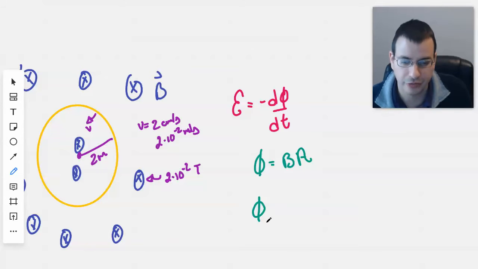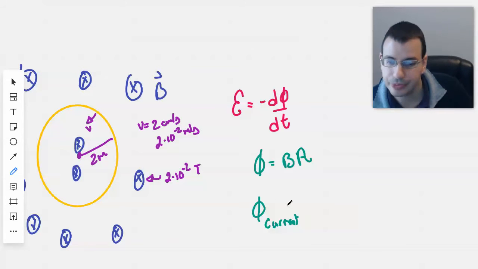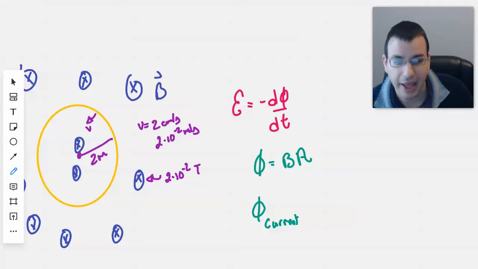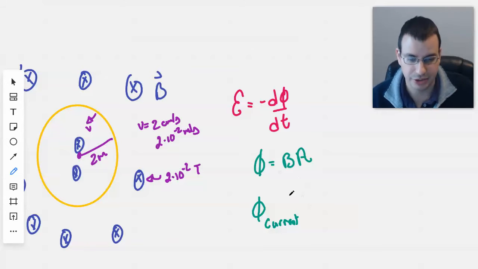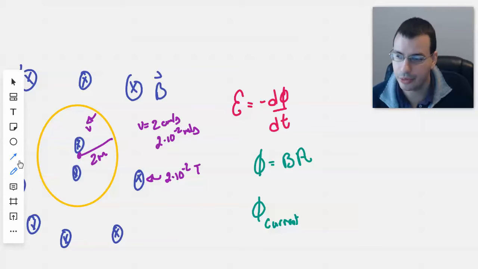And so you can say, all right, so our flux, which is magnetic field times area, is into the board and getting smaller. Since the flux is magnetic field times area, and the area is getting smaller, the flux is getting smaller. So, I know, too many colors.